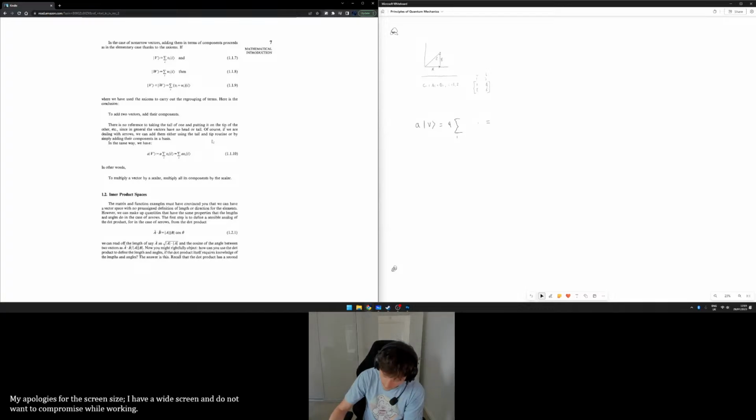The sum of a_i v_i is equal to the sum of a_i multiplied by the ith vector. So how does this work? It's saying that if you were to multiply the sum of it, or add it as a coefficient to all of them, they are equivalent.